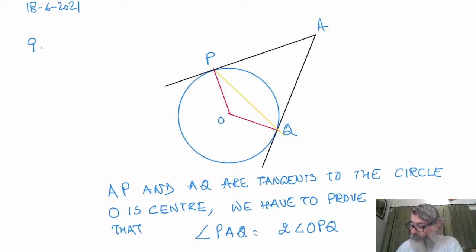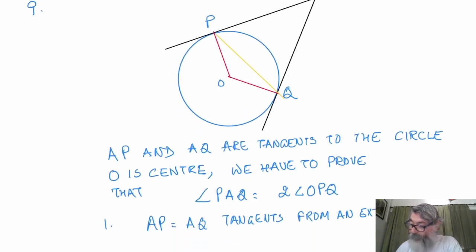Tangents from an exterior point to a circle are of equal length.